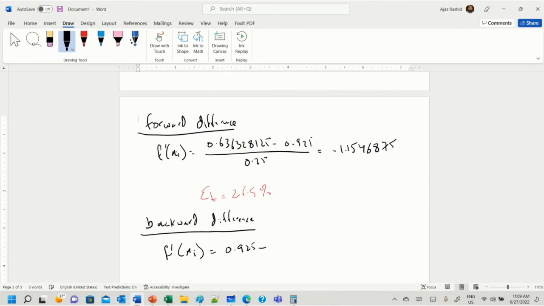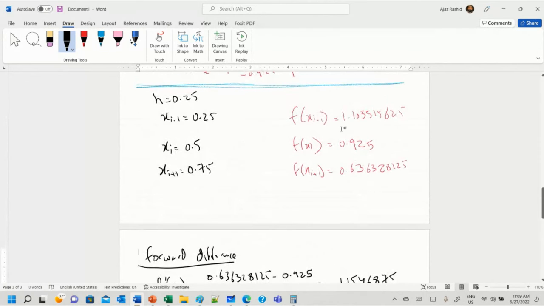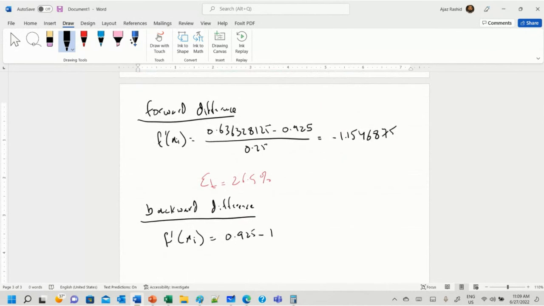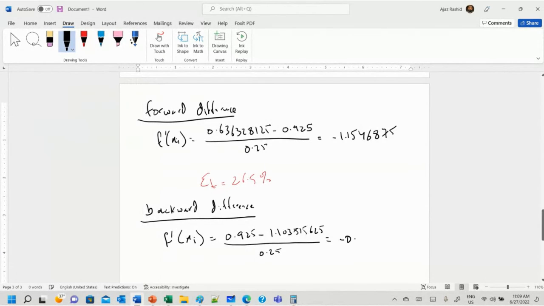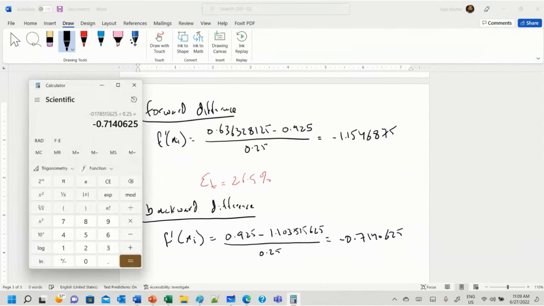So that's 0.925 minus 1.103515, divided by 0.25, so minus 0.714625.